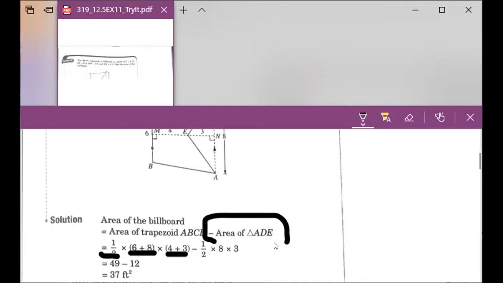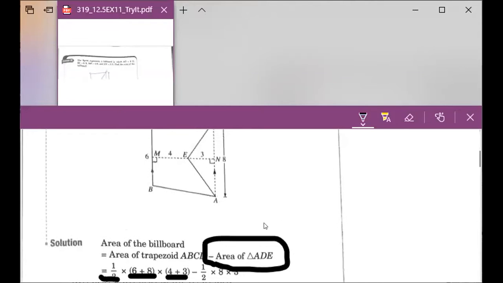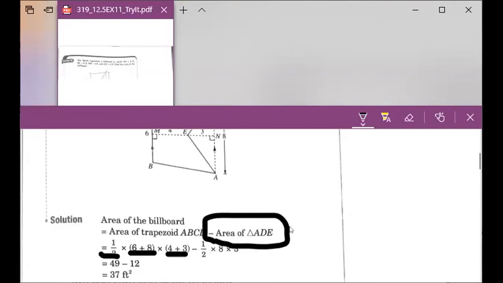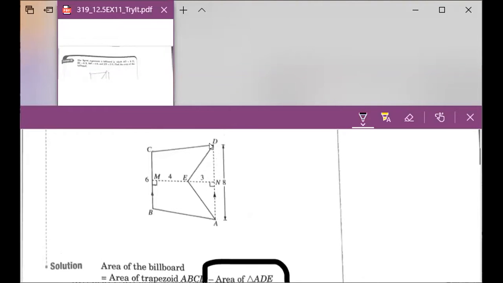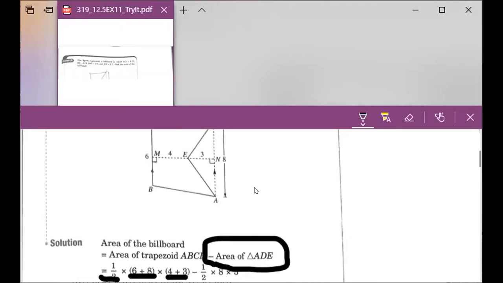Now we want to figure out the area of the triangle. So the area of the triangle is the base, from DE, times the height, which is EN.